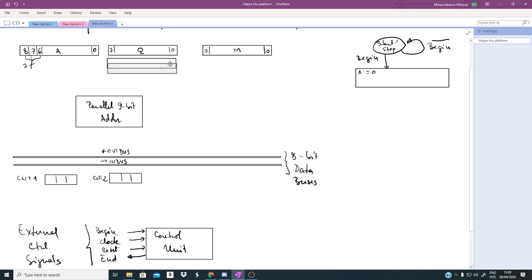So I need an extra register for the downstairs part. I'm going to name this Q prime. Initially, this register should be 0, so Q prime is also reset. We also reset counter 1 and counter 2.